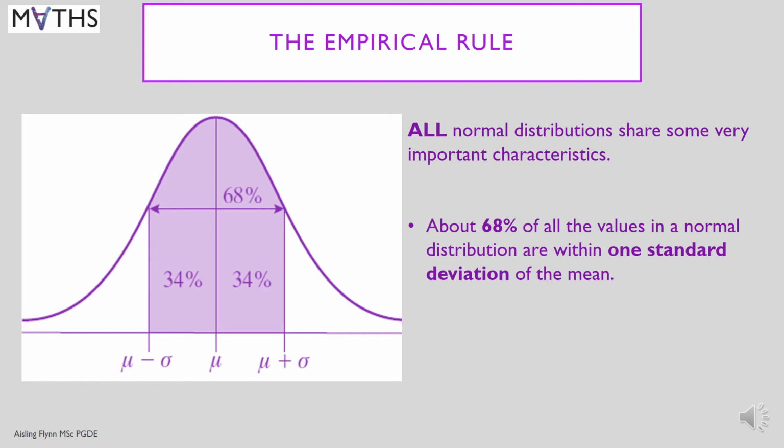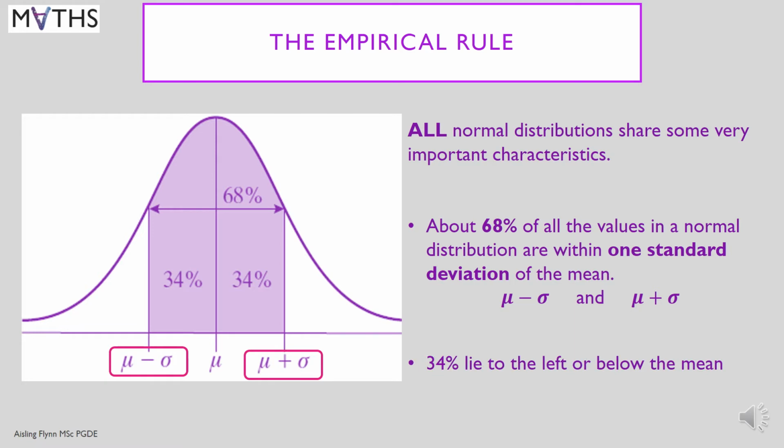The definition here says that 68% of the data will be within one standard deviation of the mean. So that is here, this line on the left, which has the mean minus the standard deviation, and the line to the right, which has the mean plus the standard deviation. Between those two vertical lines, 68% of the data will be found.